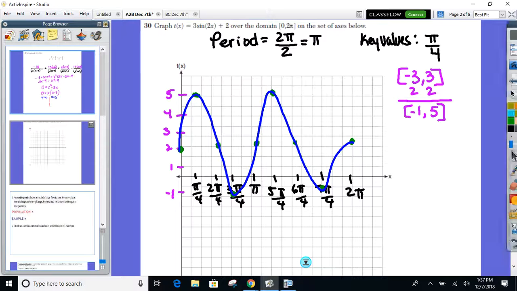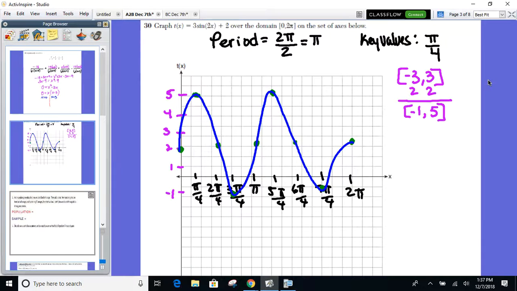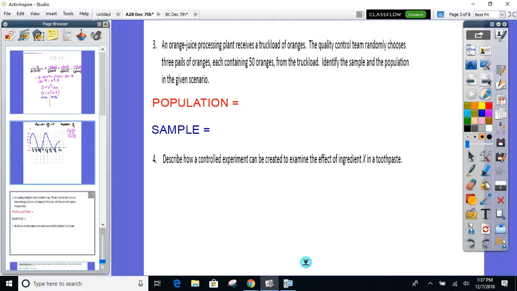I don't know how many of you may have tried it or got to it yesterday. There was a question I gave you on the assignment about the orange juice truckload. Real quickly, let's just go over that. What's the population and what's the sample out of that? This did come fresh off a Regents exam. It was not made up. So what's the population and what's the smaller size, the sample?